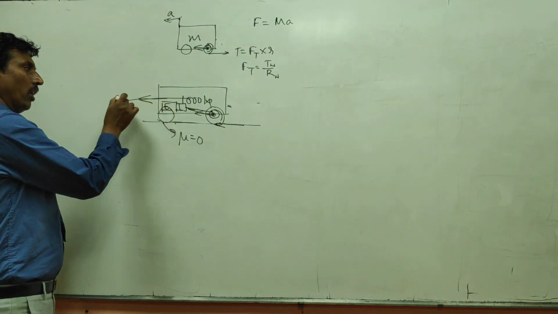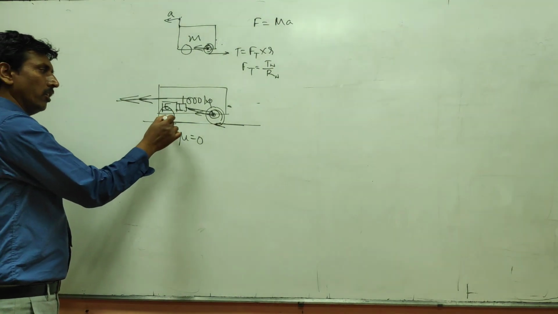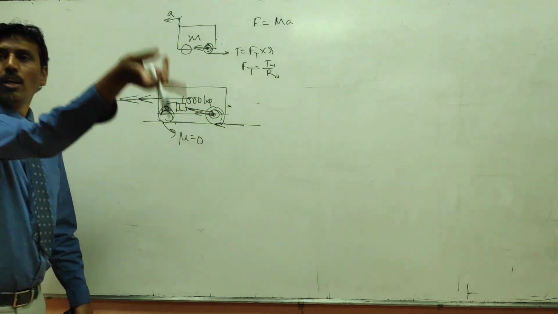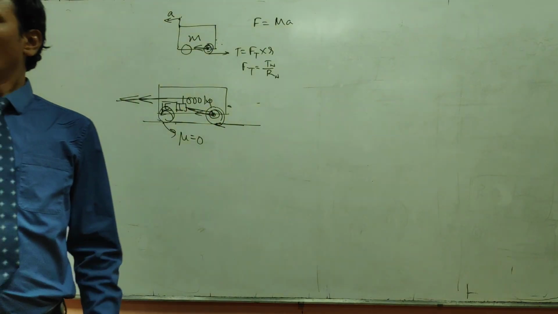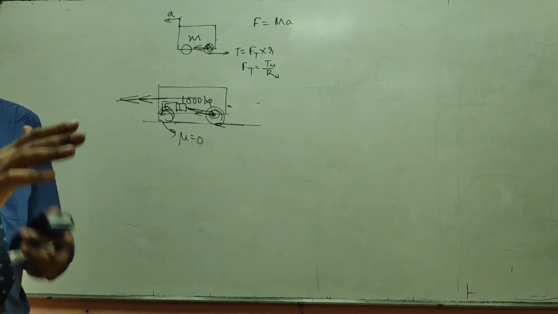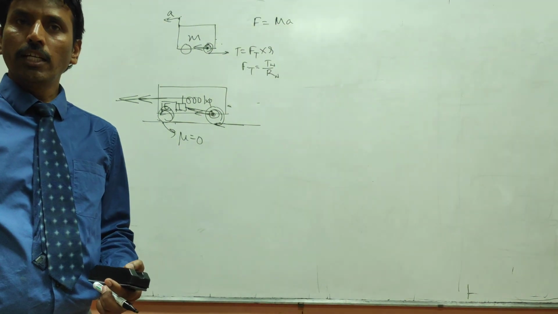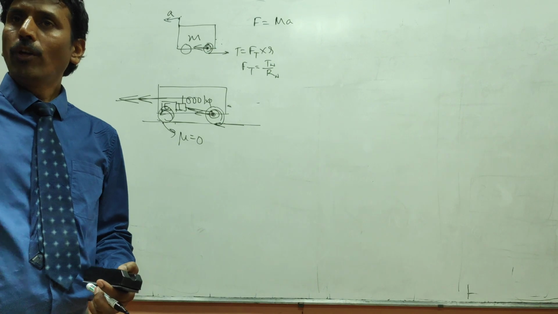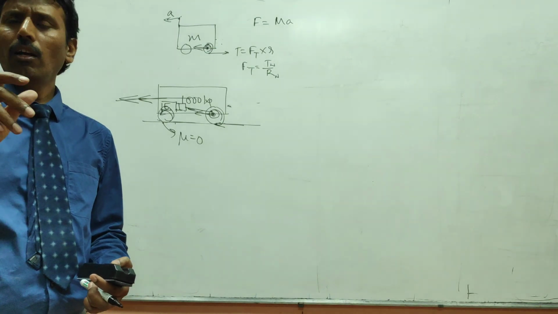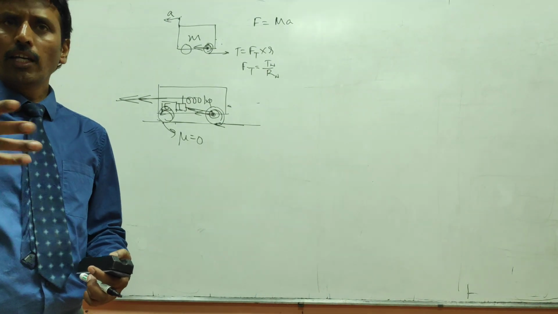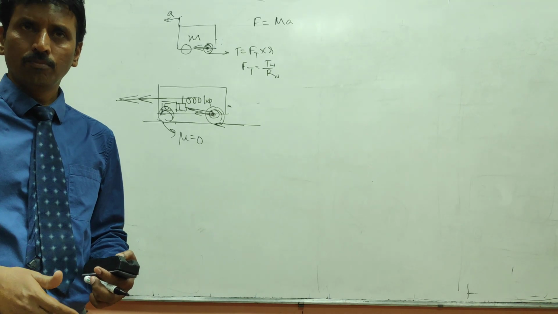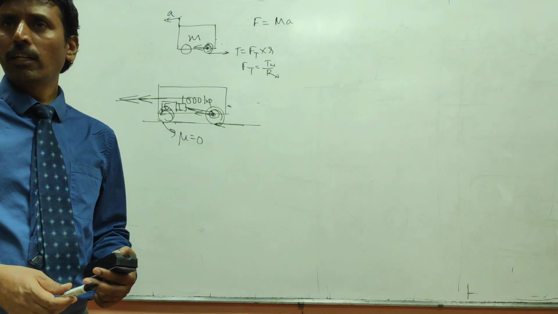Along with this vehicle getting linear acceleration, these parts are also getting angular acceleration. They are not just sliding and going forward, they are also trying to increase their angular velocity. So we could make a small mistake. Of course, the error is not huge, it could be around 20 to 25%, but we could make that error.